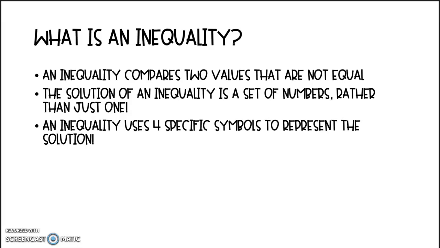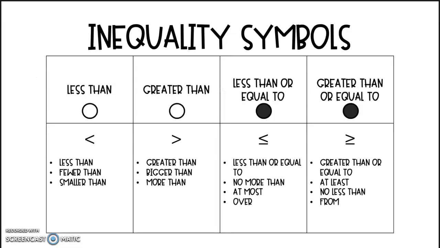And an inequality uses four specific symbols to represent the solution. So our inequality symbols are our less than symbol, greater than symbol, less than or equal to, greater than or equal to. So when we're graphing these symbols, our less than and greater than symbols, as you can see right here, they're represented on the graph with an open circle.